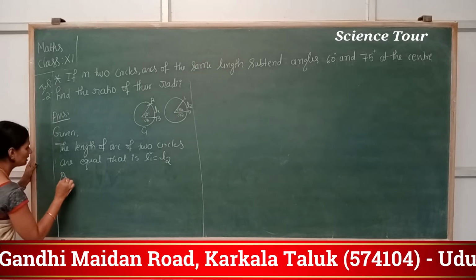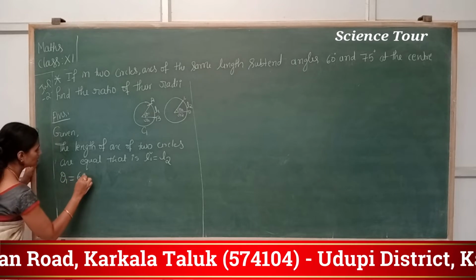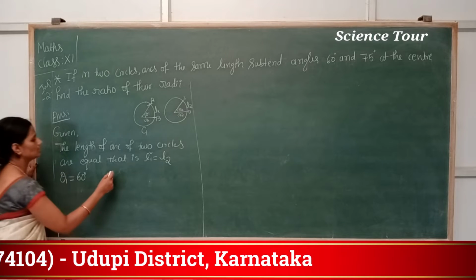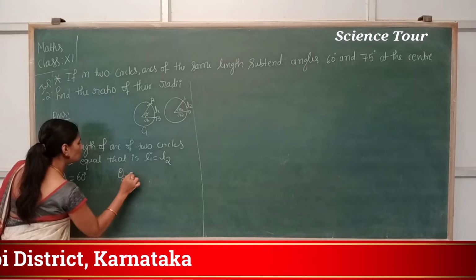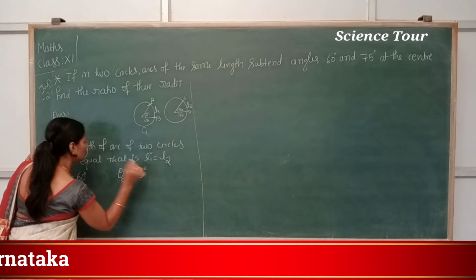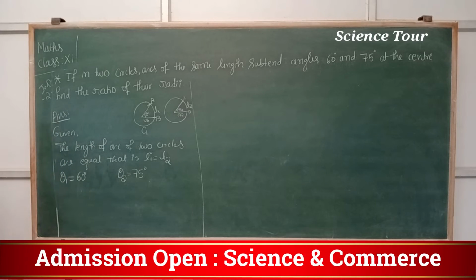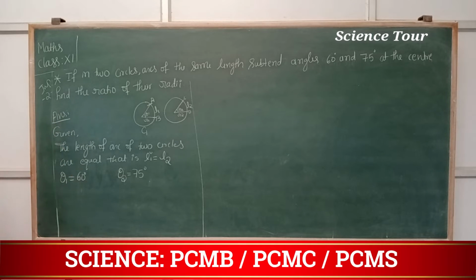Now next, theta 1 is equal to how much here? 60 degree. So first circle theta 1 is 60 degree. Next theta 2 is equal to what? 75 degree. Now next, find the ratio of radii, correct no?